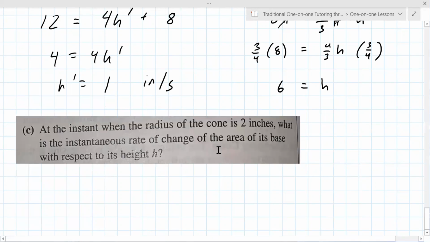Part C. At the instant when the radius of the cone is 2 inches, what is the instantaneous rate of change of the area of its base with respect to its height?